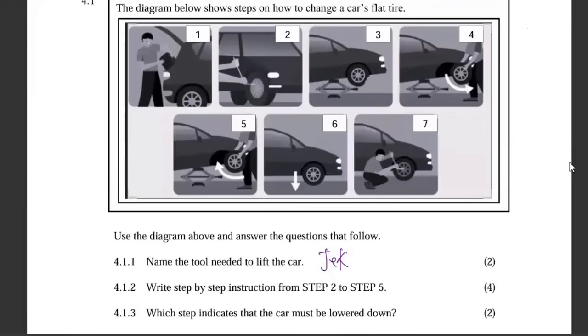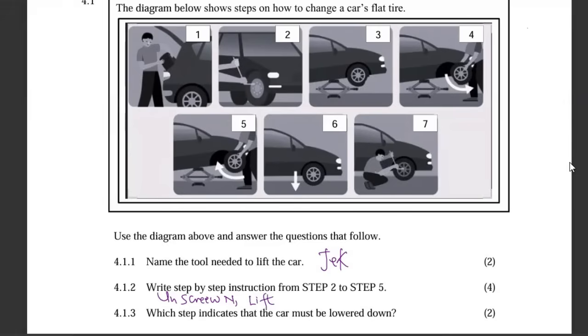This needs your step 2. Unscrew the nuts from the tire. Actually, number 1 is loosen the nuts.